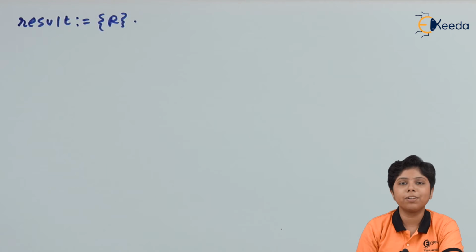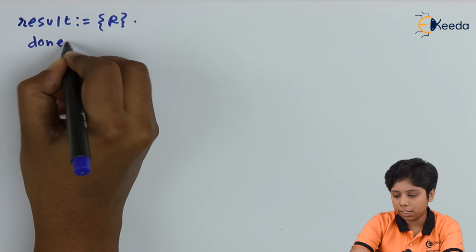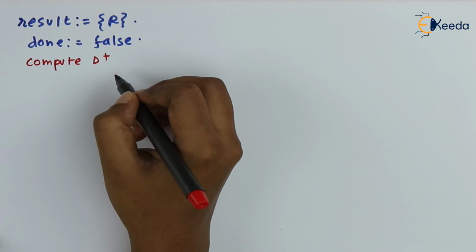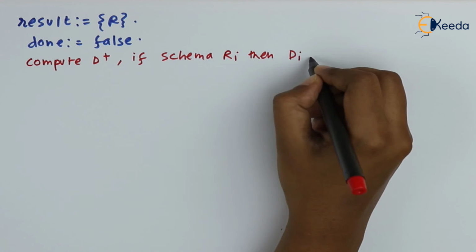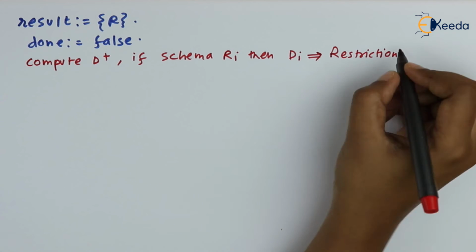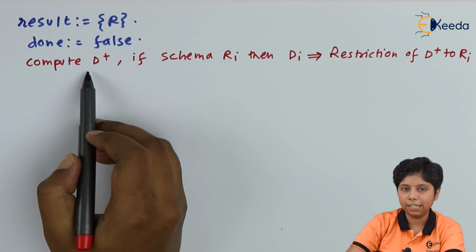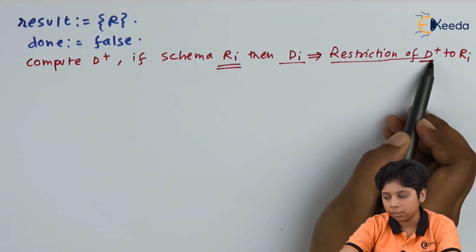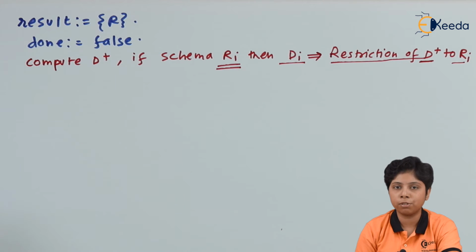So first I am starting with an initial schema R. I am taking a variable done as false. Now we need to compute the closure of D, and if the schema is Ri, then Di is a restriction of the D closure to the Ri. That means we cannot perform this restriction to the table or the decomposed table Ri.